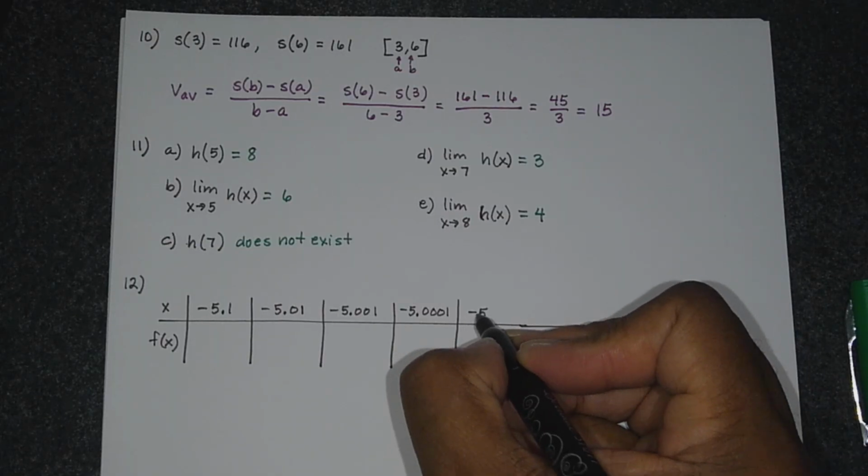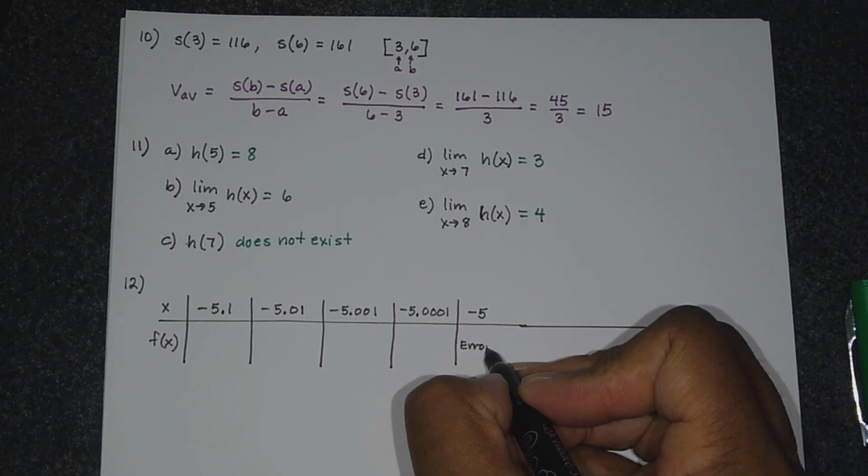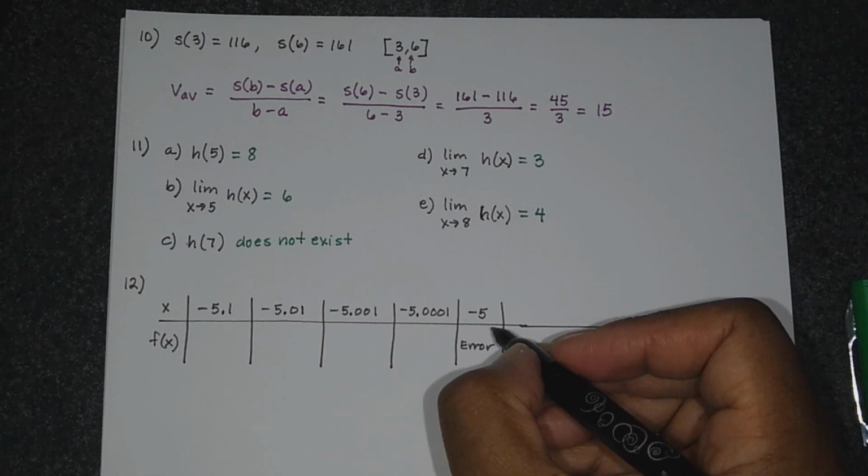And of course, at -5, we know we're going to get an error message, because at -5 we will get a 0 in the denominator.